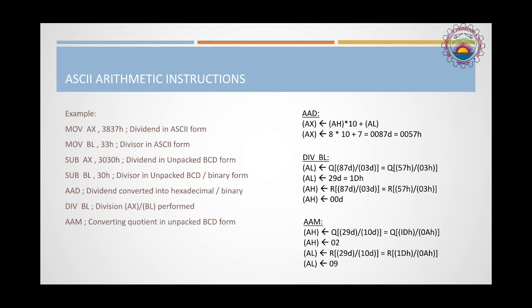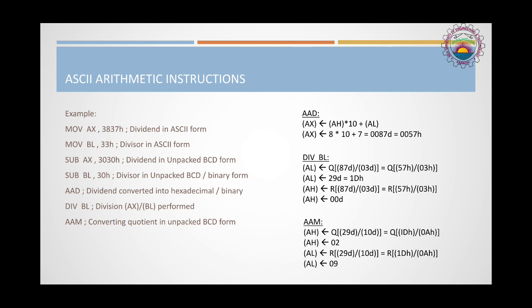Value present within AL will be divided by 10 decimal. If you see the value of AL in decimal form, AL is having 29 decimal, that will be divided by 10 decimal. So quotient of this division will be 02, that will be moving into AH. If you see AL in hexadecimal form, that is 1D hex, that will be divided by 0A hex.